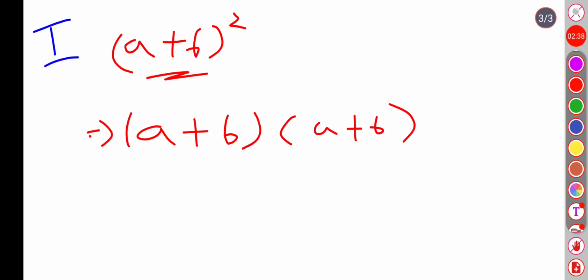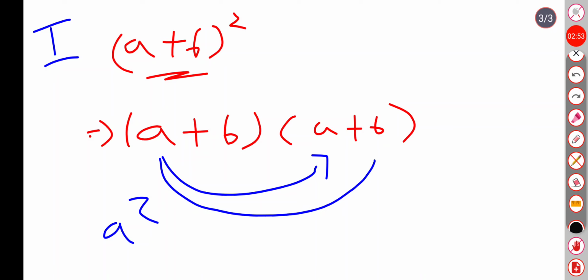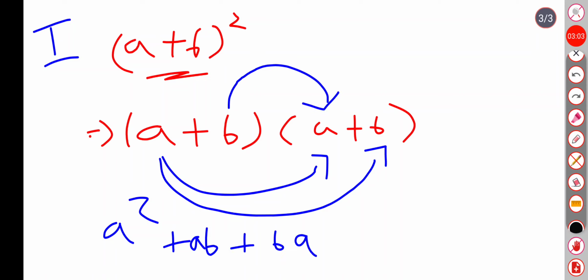So now how do we expand this? For the expansion purposes, we first multiply a and a, which will give us a square. Then a and b, which will give us ab. Now we will multiply b and a, which will give us ba, and b and b, which will give us b square.